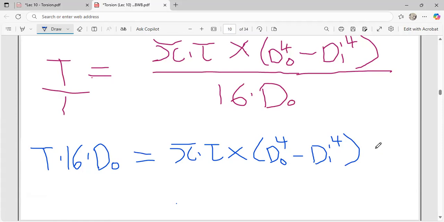So all of these two is multiplying the 1.